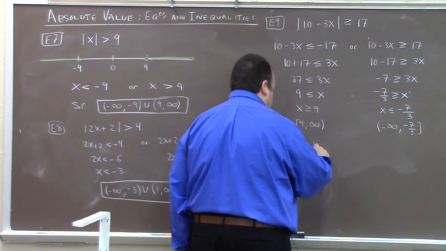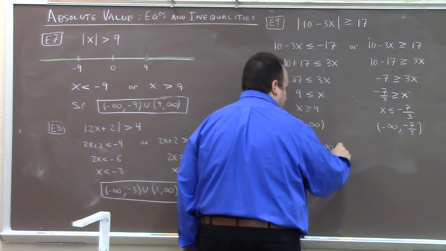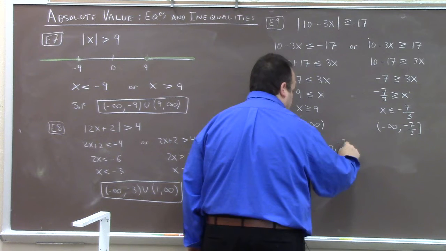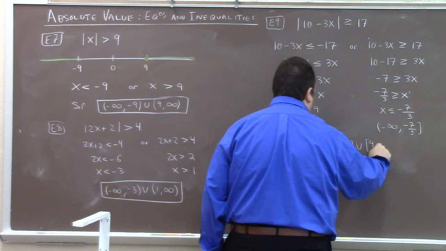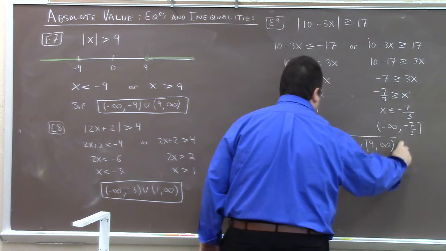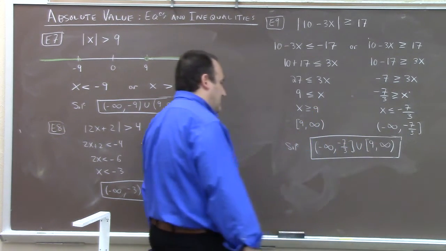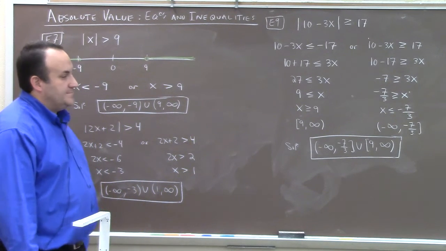We use the union. So I'll write minus infinity first. It doesn't matter which one of these you write first. It would not be wrong to write them in the opposite order, but we do need a union, and that's it.